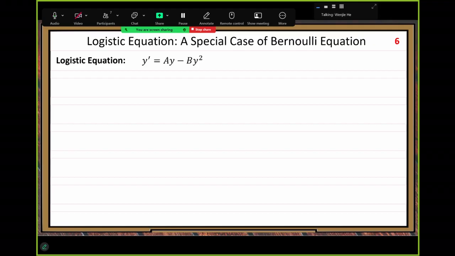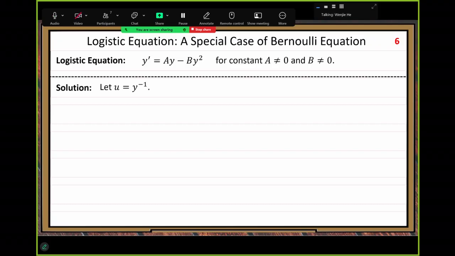It's a good model for many real world problems. Now, the constants capital A and capital B are not equal to 0. Solution: it is a Bernoulli equation, so we use the substitution u equals y to the negative first.